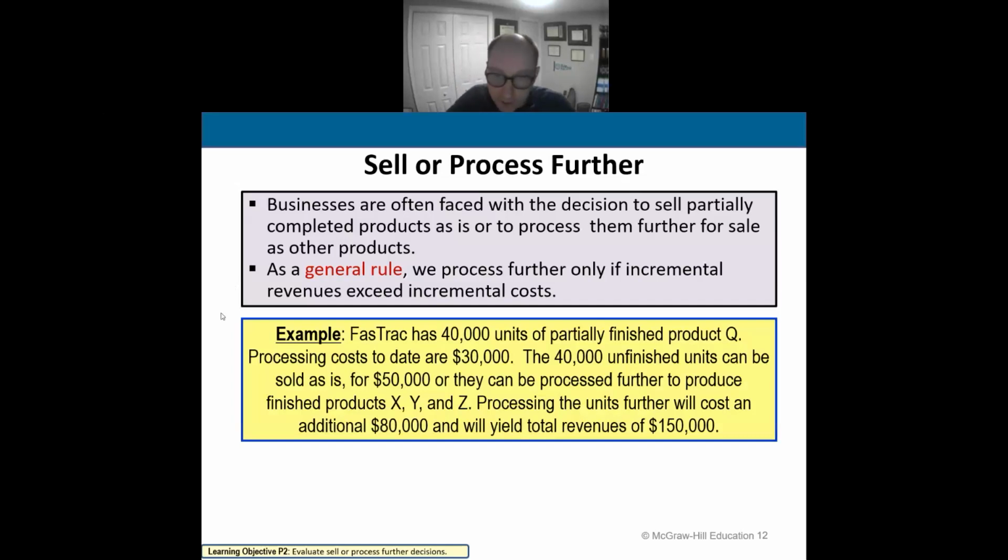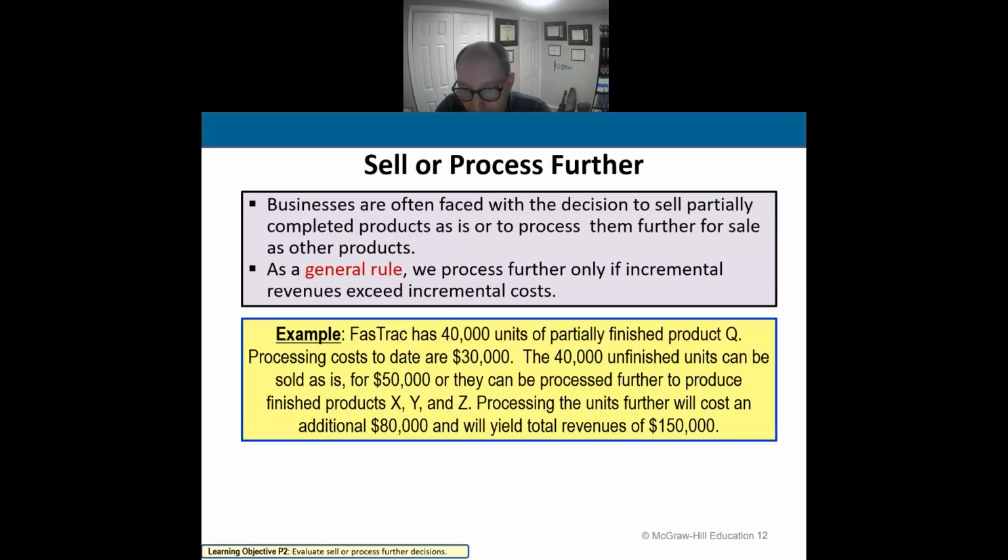So here's another example. Our company has 40,000 units of a partially completed product. We'll stick with the example of oil. I have 40,000 partially completed units of raw oil. My processing costs are $30,000 so far.